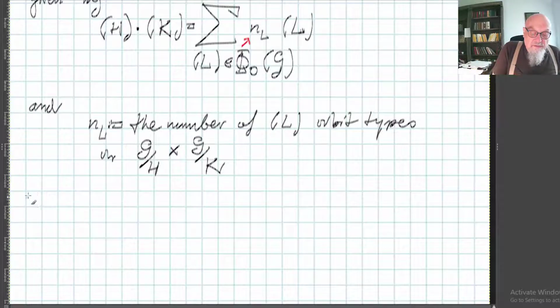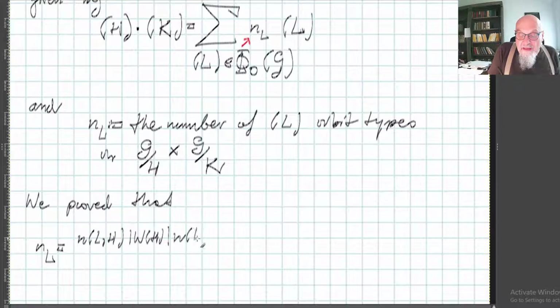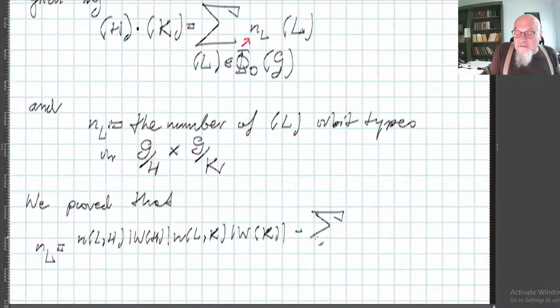So we have also, we proved that this number NL can be given by the formula. So let me just write it down. This is NLH, and here I put here the number of elements in the Weil group WH, and this is NLK, number of elements in the Weil group K, and then minus, and then we have here summation, and this is L tilde larger than L, strictly larger.